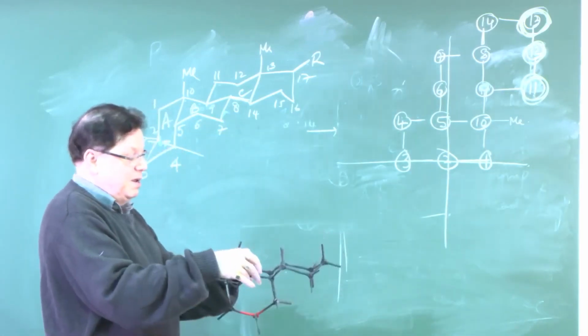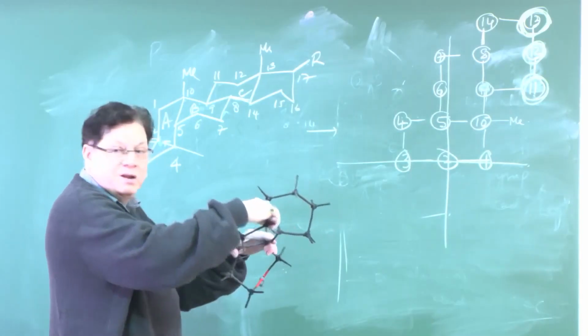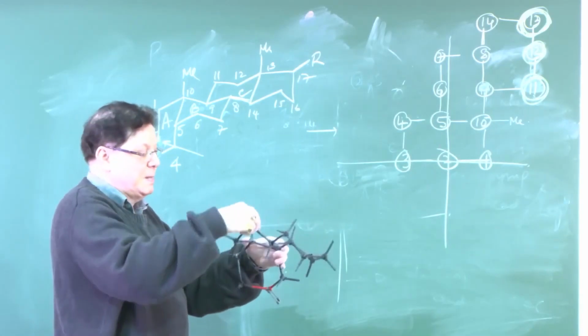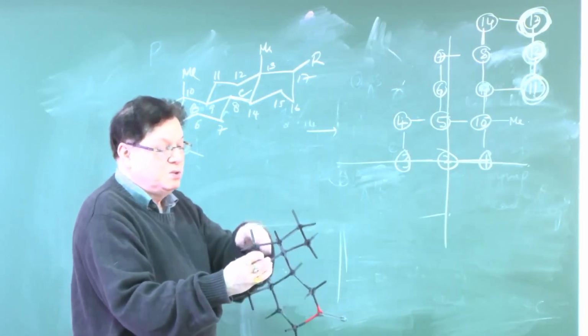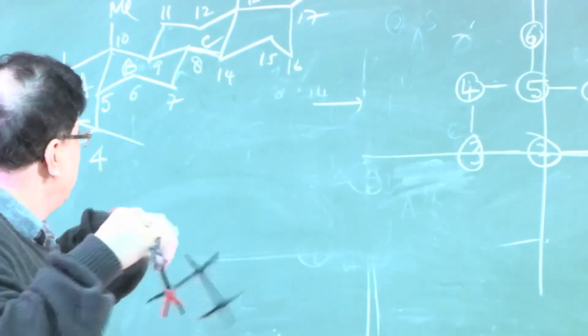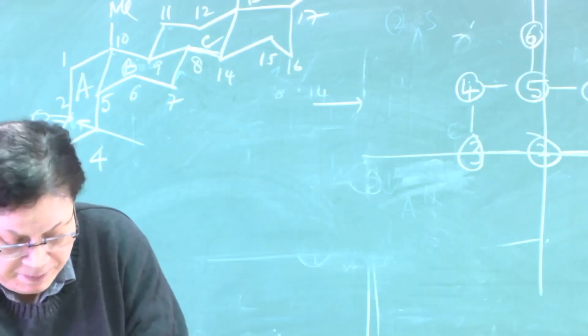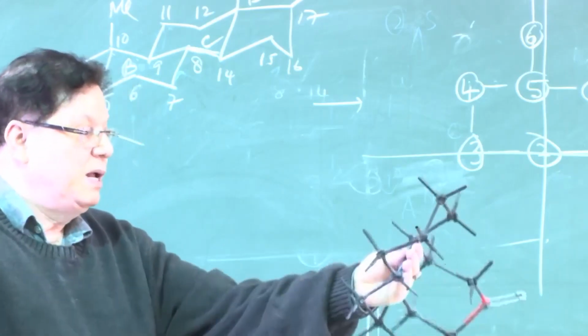Then there is a trans ring junction, yes, that is okay. There is a trans ring junction, and then 1, 2, 3, and I have to make one more ring. Okay, 3 are there. So this is okay.